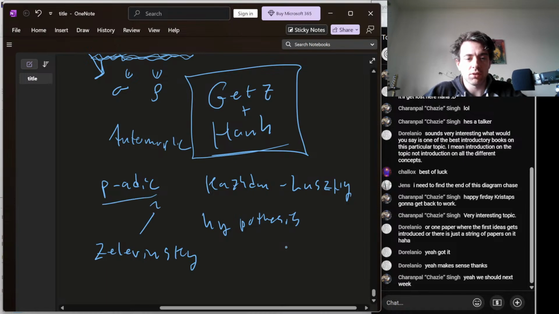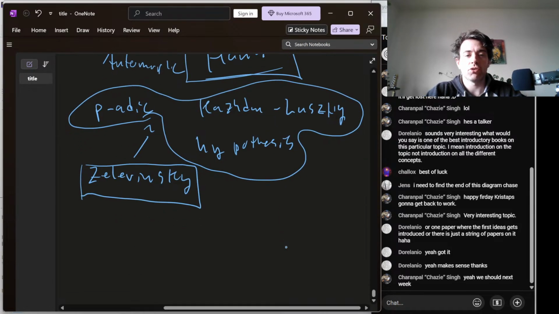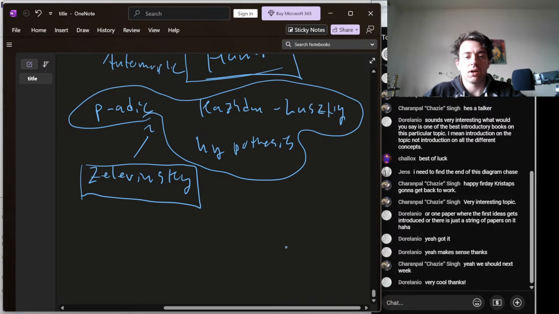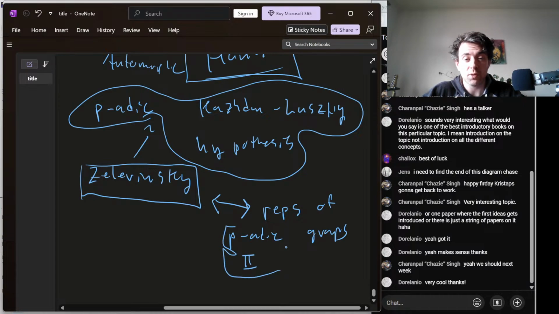So I would look up that paper by Zelevinsky on the p-adic Kazhdan-Lusztig hypothesis. It starts off with some basic combinatorics, and that basic combinatorics is fed into by another paper by Zelevinsky called Representations of p-adic Groups 2. I think that's the name of the paper. But anyways, those are places to start.